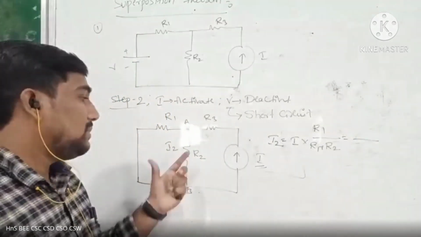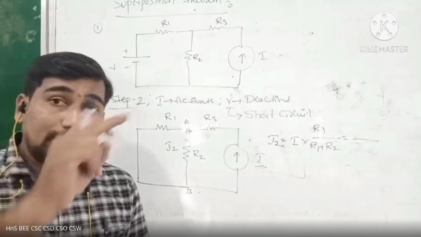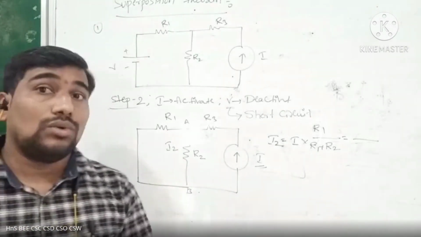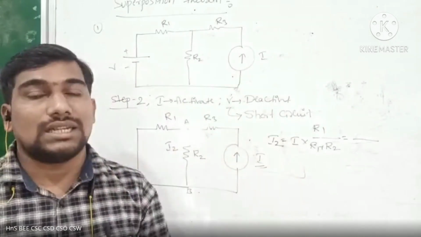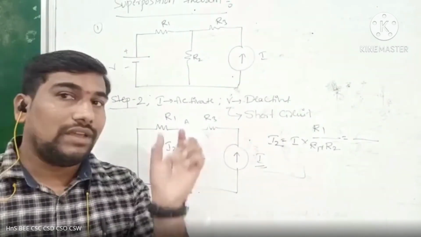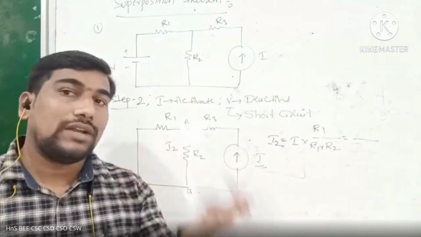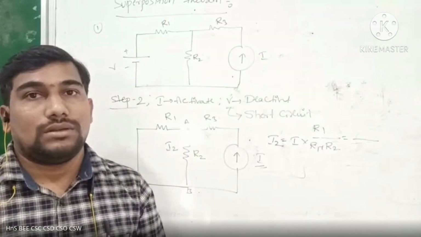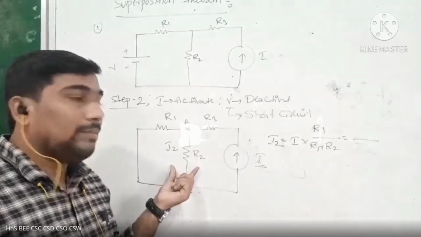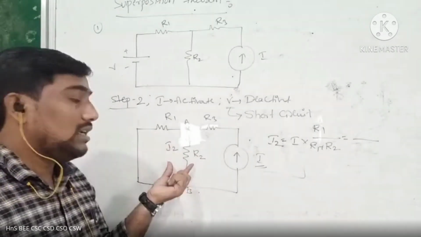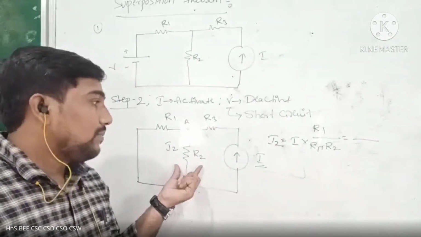Okay, this is called step number 2. Sir, in step number 1, I'm using Ohm's law because both resistors are in series connection. We have some voltage value, that's why we find the current by Ohm's law, and by using Ohm's law we find the I1 value. But in step number 2, we have two resistors in different lines and a current value already given.